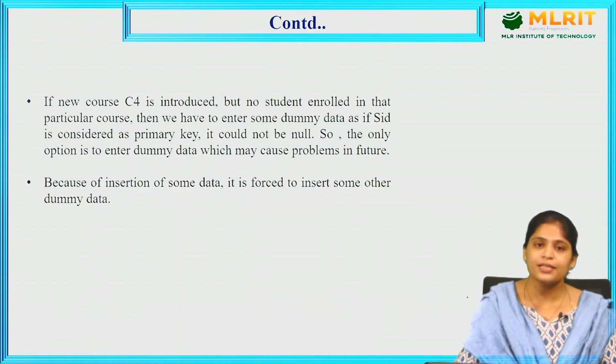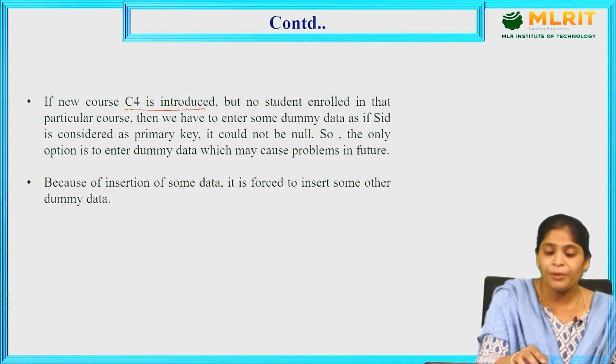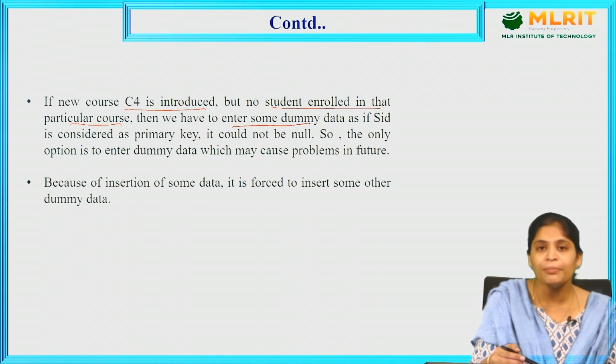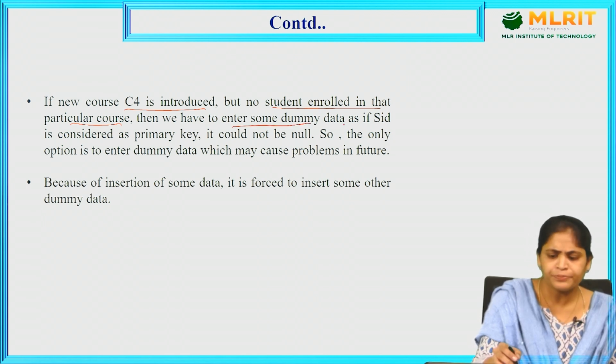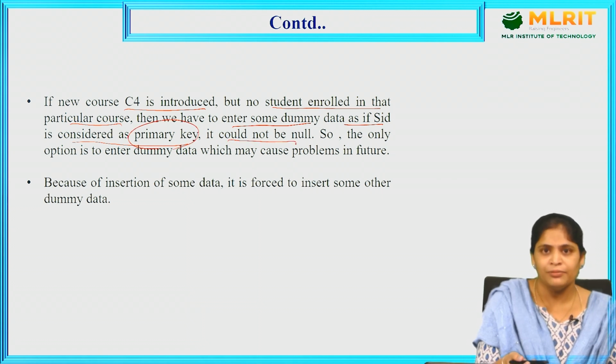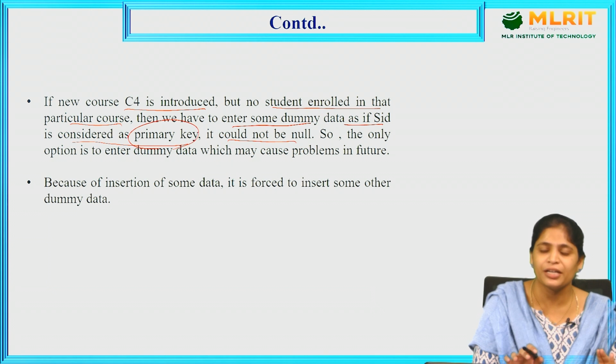So what is insertion anomaly here? If a new course C4 has been introduced, but no student enrolled in this particular course, then we have to enter some dummy data forcefully, as SID is considered primary key and it could not be null. That is why we have to insert some other unnecessary data, some dummy data which is not very useful.